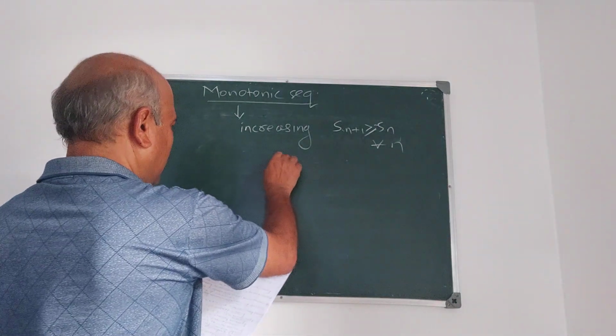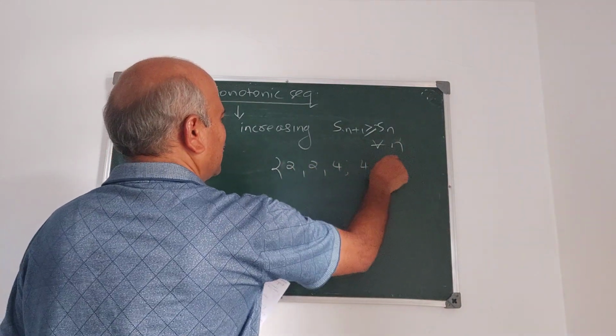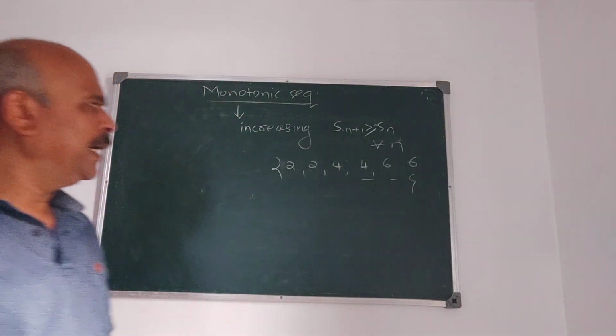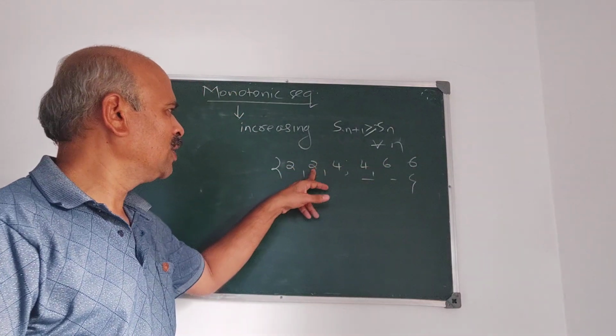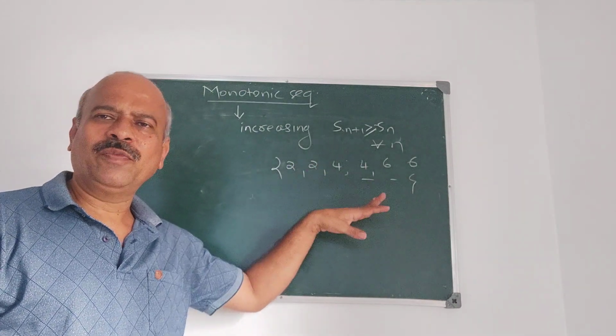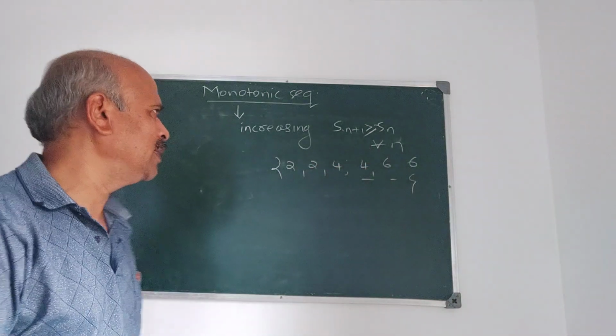What is the example? Monotonically increasing: 2, 2, 4, 4, 6, 6, and so on. It is a sequence, and it is monotonically increasing because any term is greater than or equal to the previous term. Follow the definition. So it is monotonically increasing.